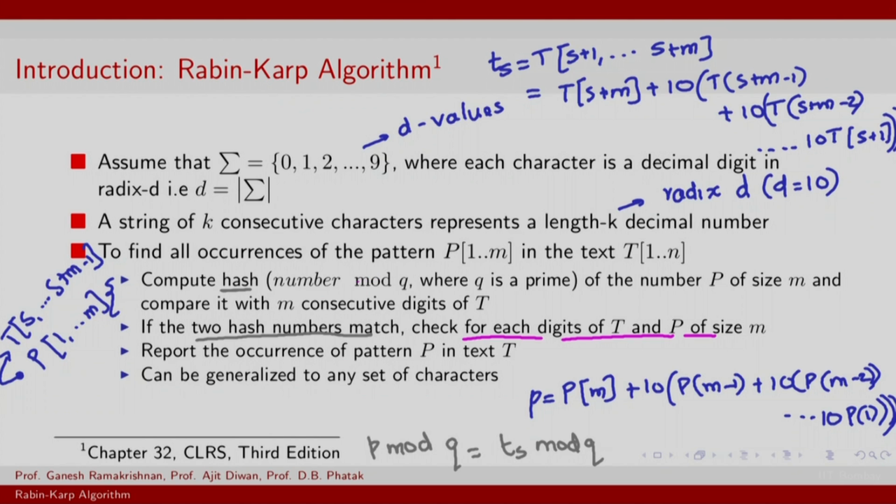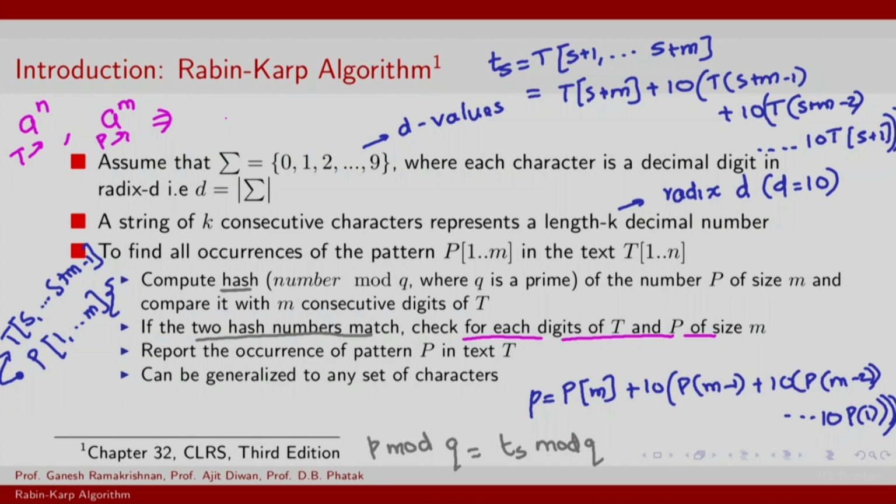Now one can provide a counter example such as a raised to n for the text, and suppose your pattern was just a raised to m. One can easily see that there will be a potential match of the hash functions at every position of T, and this will lead to checking for the equivalence of the digits of T and P at every position.